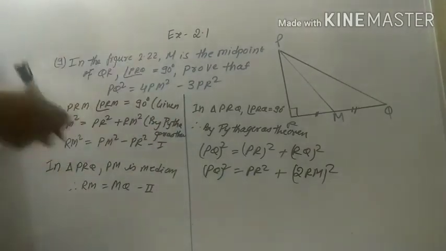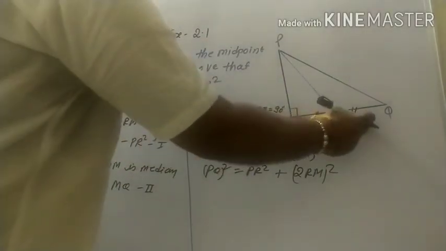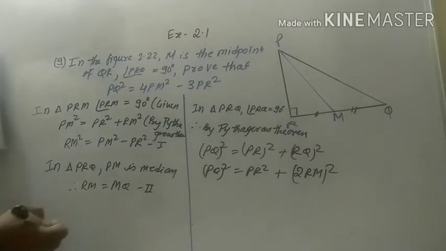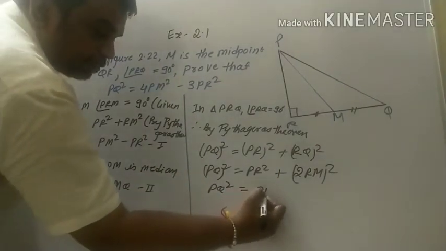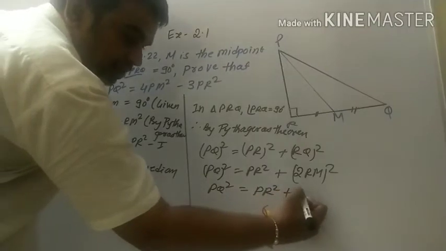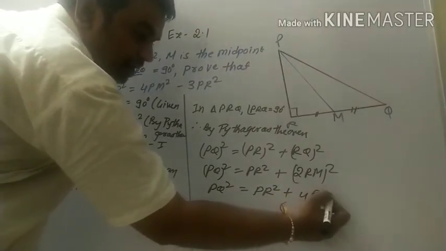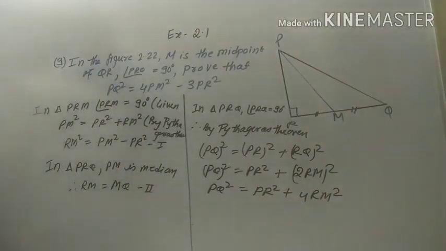Because RM and MQ are equal, RM plus RM is equal to 2RM. Square, so PQ square is equal to PR square plus 4RM square.